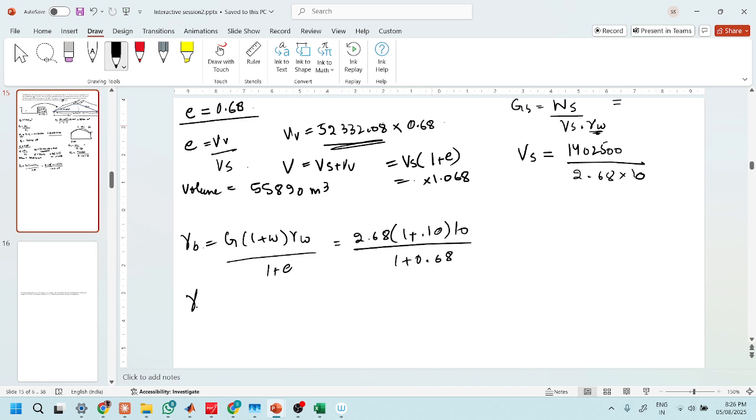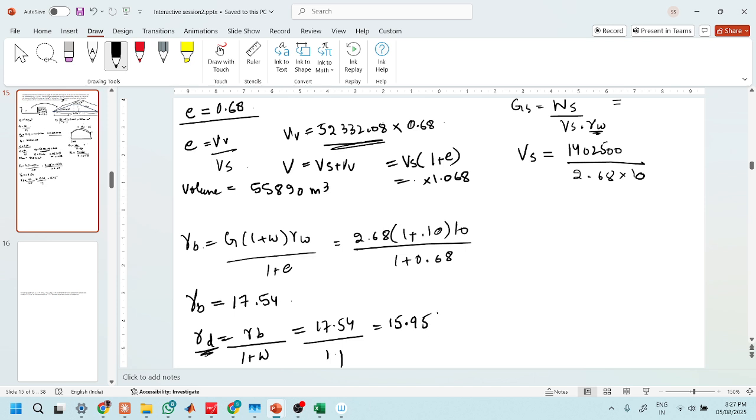The gamma bulk here is 17.1, and we can calculate gamma dry equals gamma bulk divided by 1 plus w, which is 17.5 divided by 1.06, so 17.95.